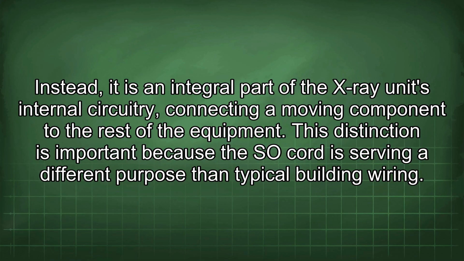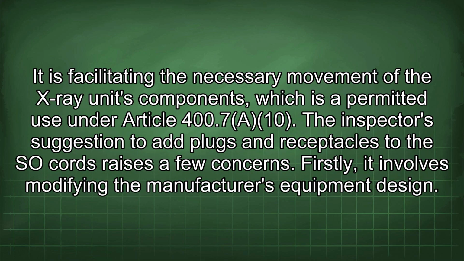This distinction is important because the SO cord is serving a different purpose than typical building wiring. It is facilitating the necessary movement of the X-ray unit's components, which is a permitted use under Article 400.7. The inspector's suggestion to add plugs and receptacles to the SO cords raises a few concerns.